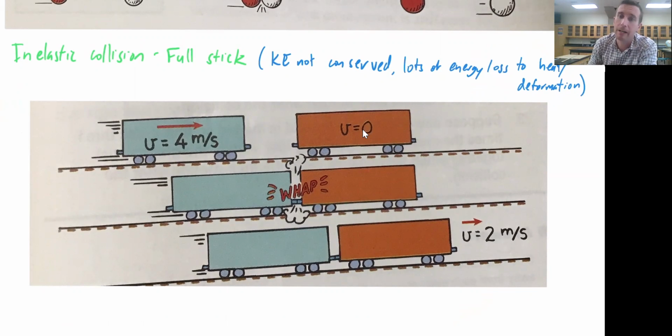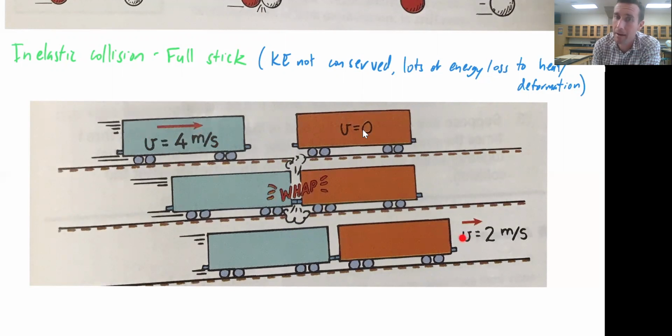Okay, so for an inelastic collision, I have two train cars that are both identical here, except different colors, but otherwise same mass, what have you. One's sitting still, the other one's coming in at 4 meters per second. They connect together. Now they have twice the mass, so their speed is going to get cut in half. So the total speed between them is going to be 2 meters per second.